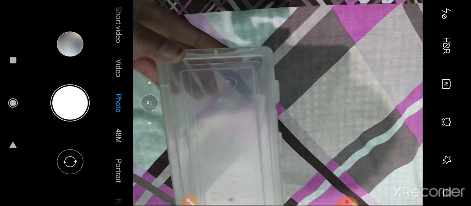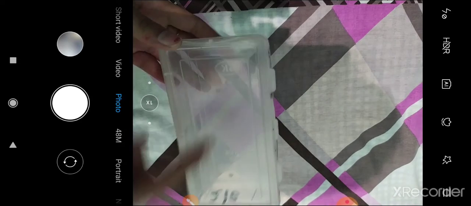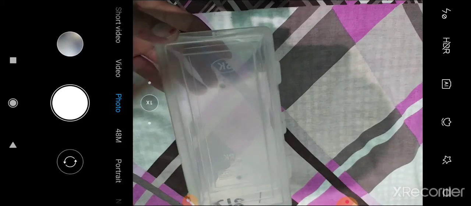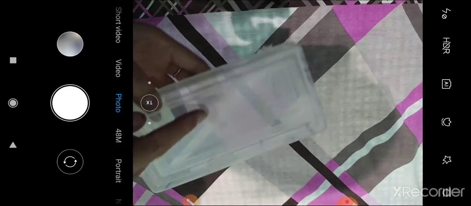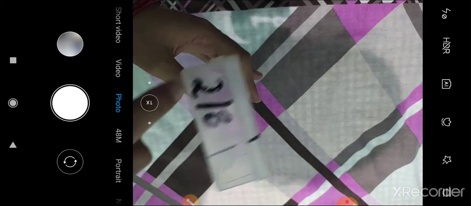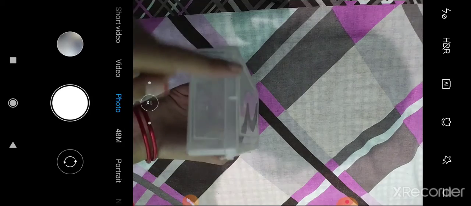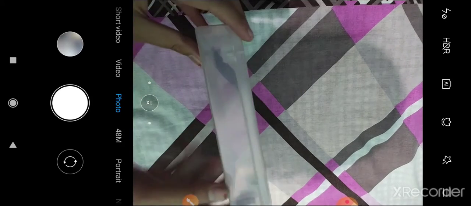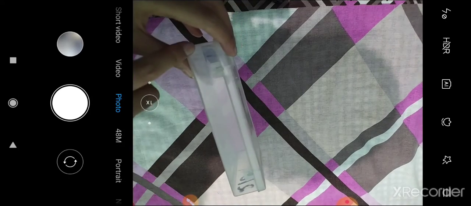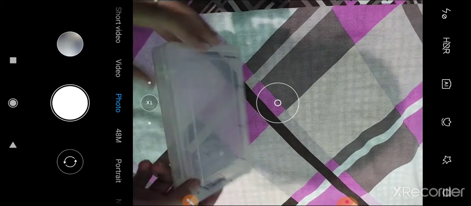This box is made up of rectangles, so this is its first face, its opposite side is its second face, here is its third face, it is also rectangle in shape, its opposite side is its fourth face, here is its fifth face, and its opposite side is its sixth face.